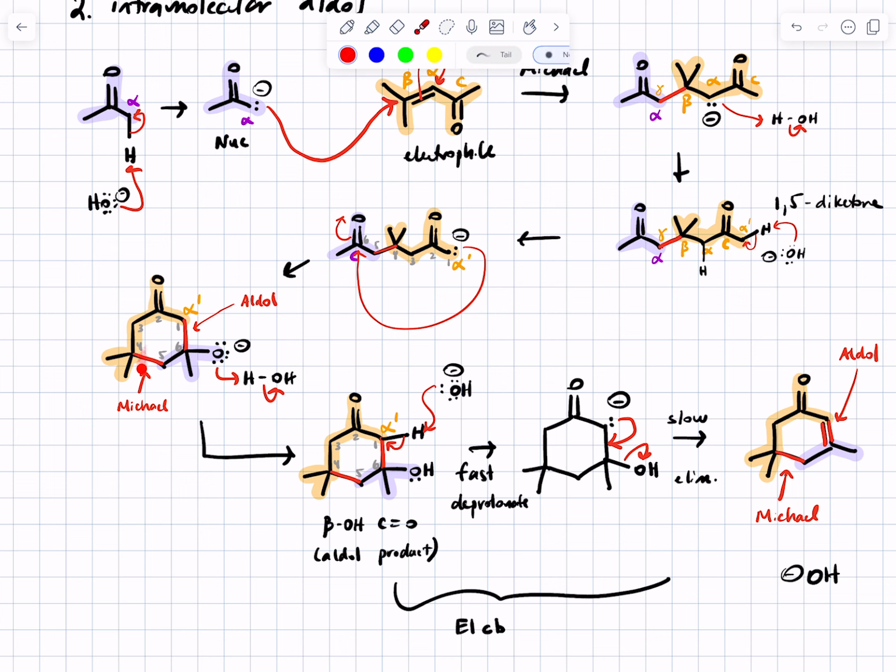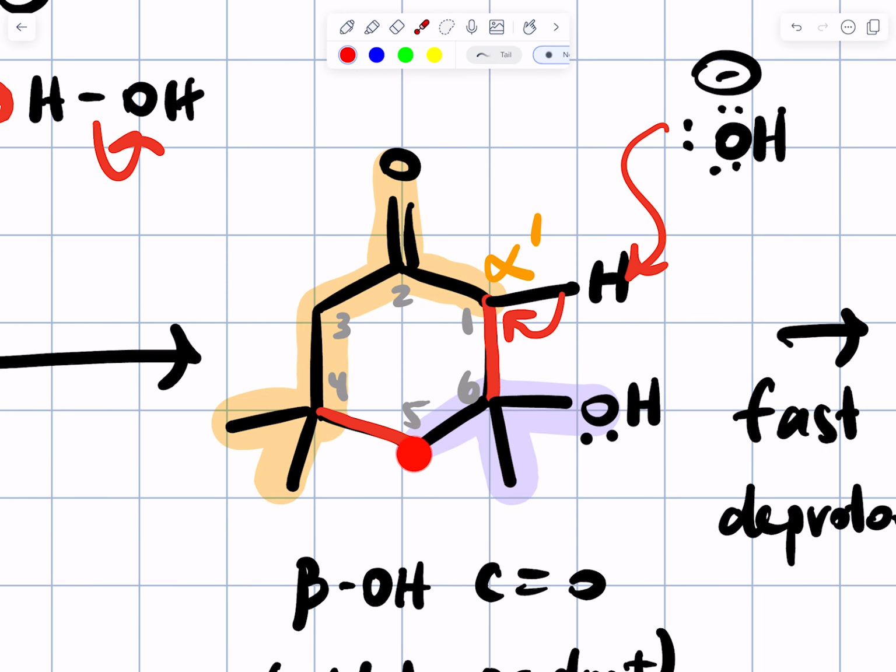Is there anything to prevent the OH from attacking this hydrogen or this one? Yeah, the hydrogen on carbon 5 is not acidic because it is not alpha to a carbonyl. Could this proton be removed? Sure, though it doesn't lead to elimination, and so that likely happens but doesn't go anywhere.